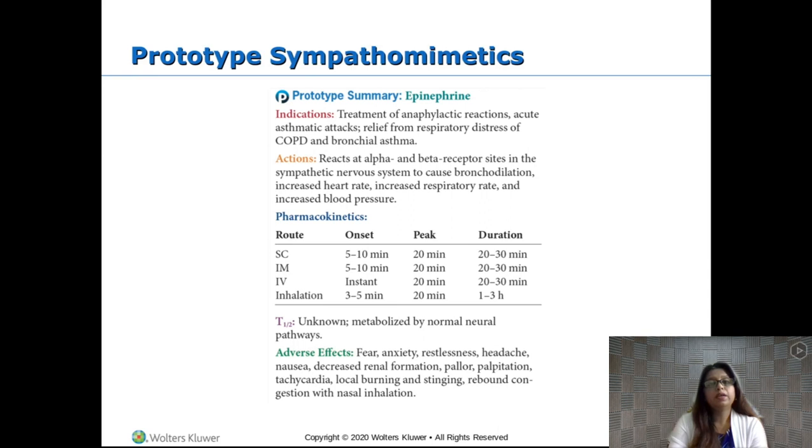Epinephrine. Epinephrine is for treatment of anaphylactic reactions, acute asthmatic attacks, and relief from respiratory distress of COPD and bronchial asthma. So epinephrine is specifically for severe allergies. Some people carry an EpiPen. If you have noticed, someone who's allergic to pollens goes in the field, and then they feel shortness of breath, difficulty breathing, and they usually carry an EpiPen.